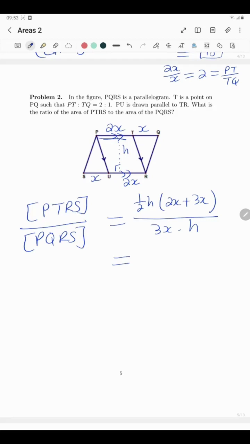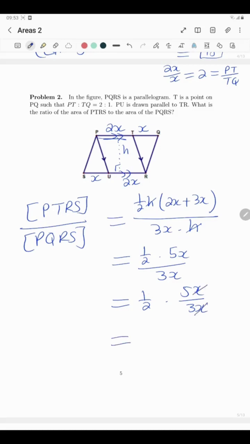So the h at the top cancels with the h at the bottom. And so we are left with a half times 2x plus 3x, which is a half times 5x, over 3x. If you want to, we can rewrite this as a half times 5x over 3x. You can see the x at the top cancels with the x at the bottom.